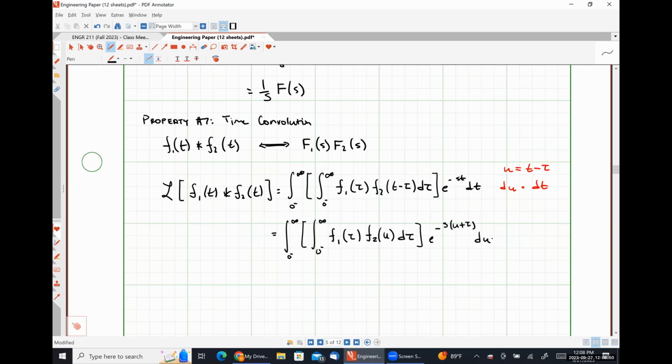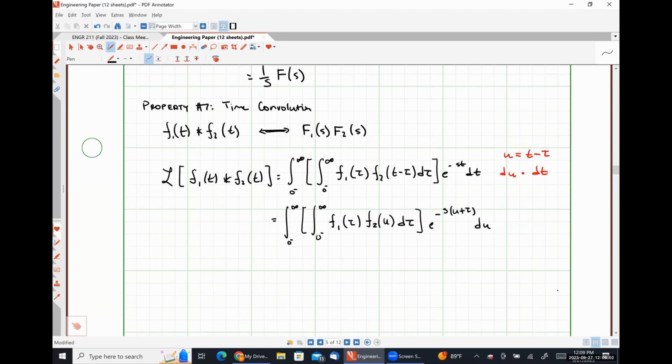All right, so what I'm going to do now is rearrange these integrals. I'm going to have the integral from 0 minus to infinity of f1 of tau e to the negative s tau d tau.